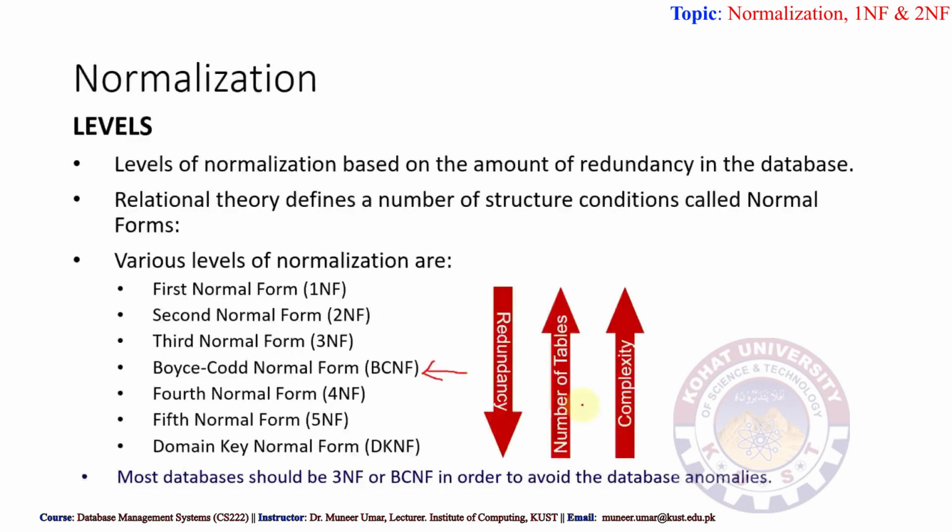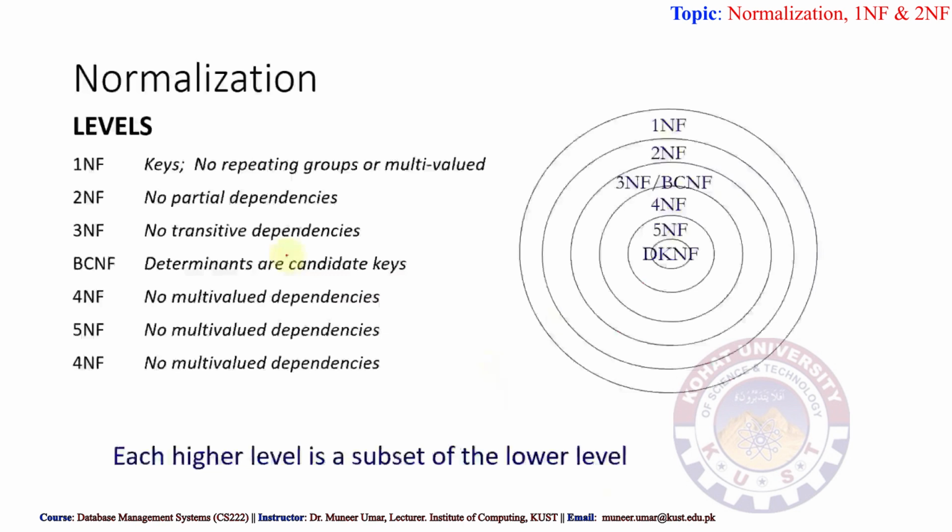Once the tables are increased, then definitely we will connect these tables by making some relationships among them. Due to that, we may face complexity. So we can say as the levels are increased, the complexity is also increased. Each higher level is a subset of the lower level in case of normalization.